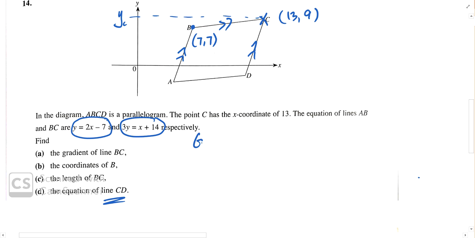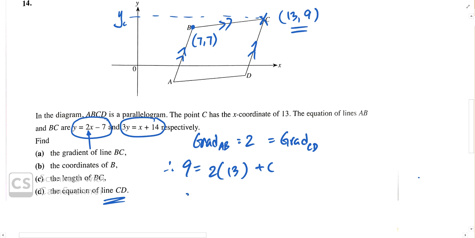The gradient of AB is clearly 2, which is equal to the gradient of CD, since it is a parallelogram. So do the substitution. This is our only known point. 9 equals 2 times 13 plus c. So c must be 9 minus 26 to give us negative 17. So CD has the equation y equals 2x minus 17.